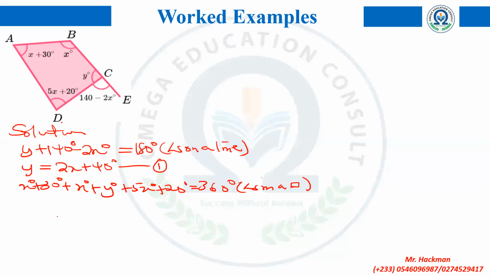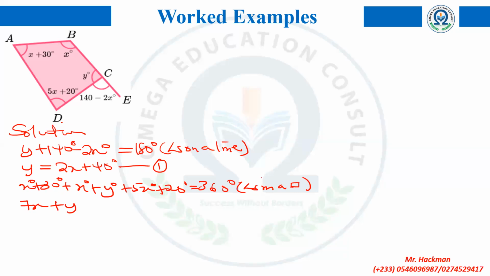So at this point, we are going to form our second equation. We are going to collect the terms in x and y on one side. So that gives us x plus 5x, that will give us 7x. Am I right? Yes. Then plus y.